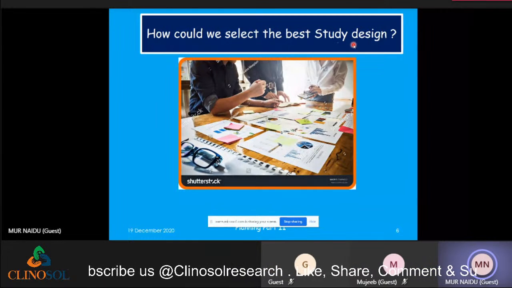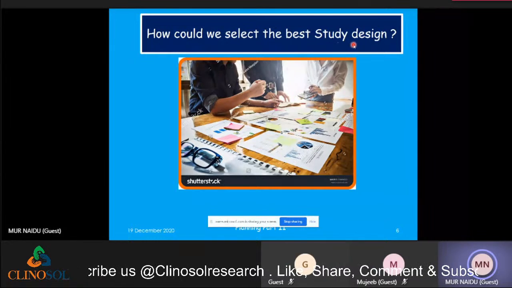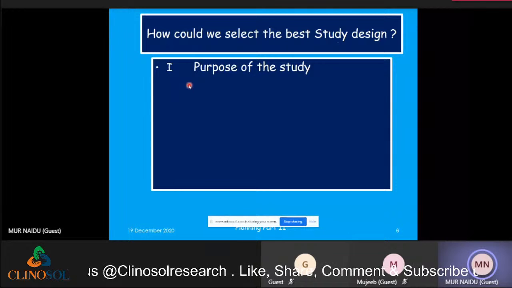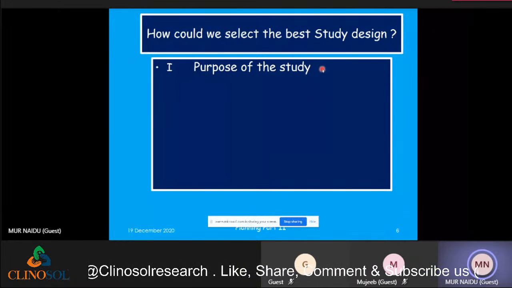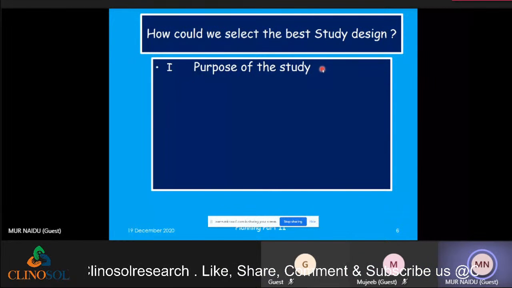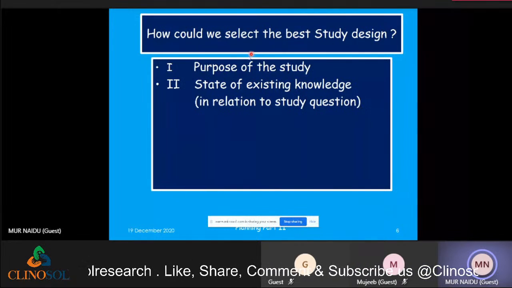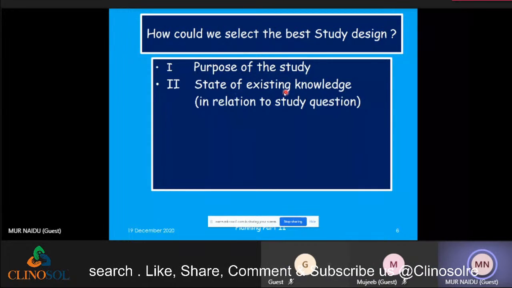Now let us see the factors which will help us in choosing the best research design. First is the purpose of a study. Based on the purpose of a study, you have to think of a particular design. Second one is the state of exact knowledge.